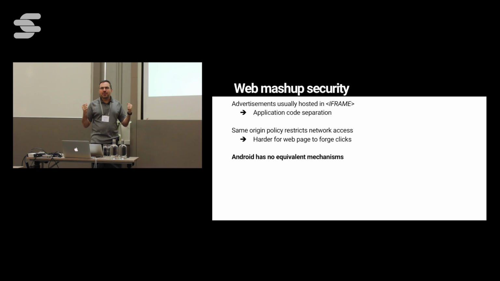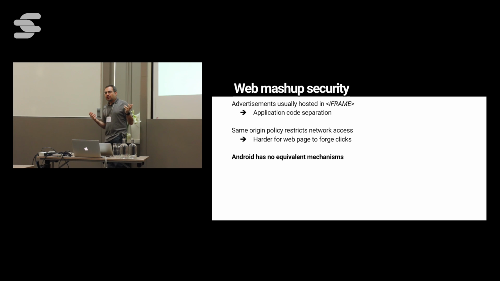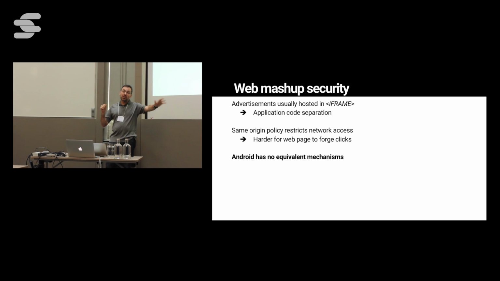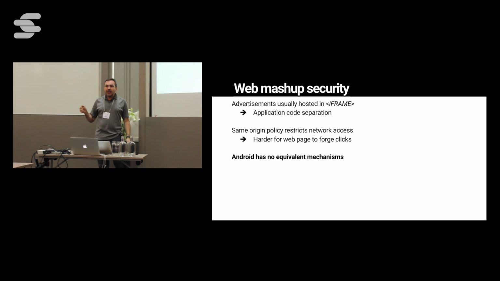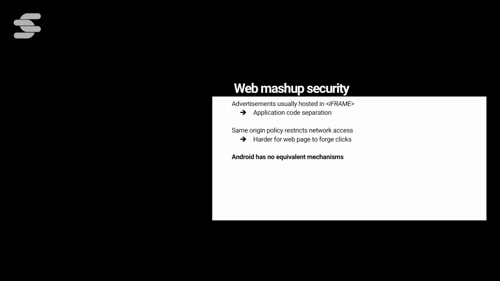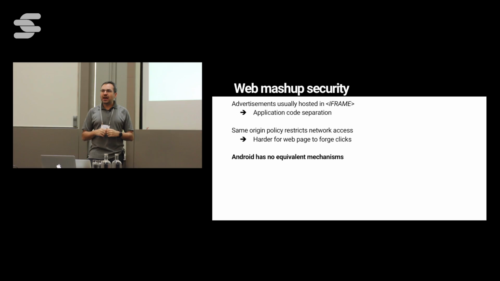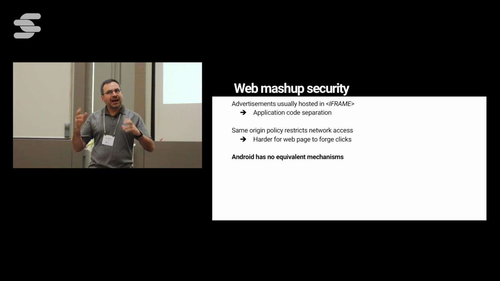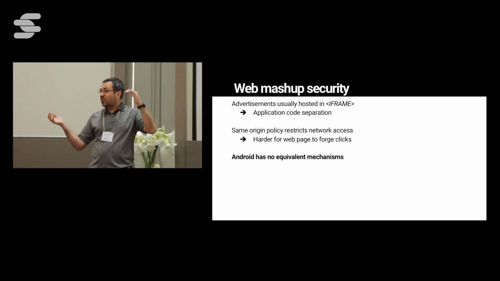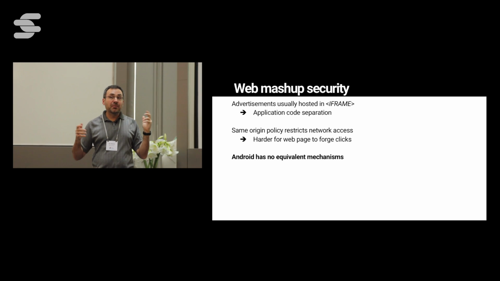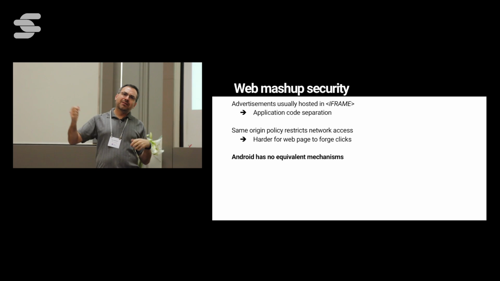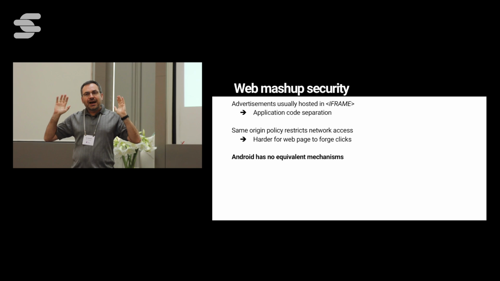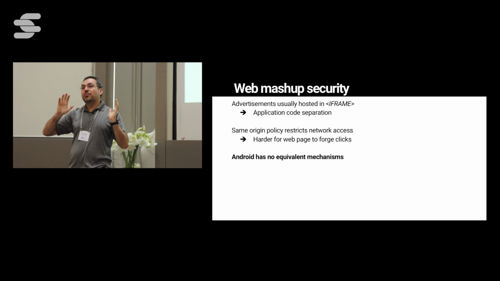Well, we have this thing called mashup security. We've talked a little bit about web security. Broadly speaking, if you have a website hosting an ad and you don't trust the ad, you stick it in an iframe. That means the advertisement is in a box, and assuming the web security model works, and they keep finding workarounds and patching them, an ideal iframe is like a whole separate website.